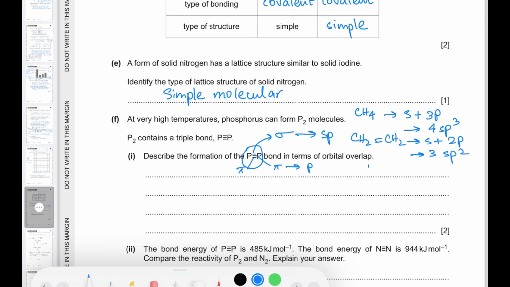Whereas in a triple bond, only one s and one p orbital undergo hybridization to form an sp orbital.